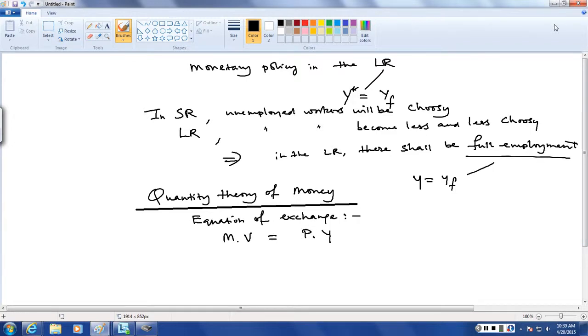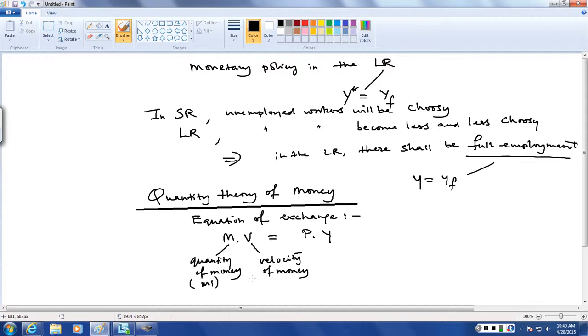Let me explain what these things are. M is the quantity of money in the economy, the money supply, in other words. M1, for instance. V is called the velocity of money.